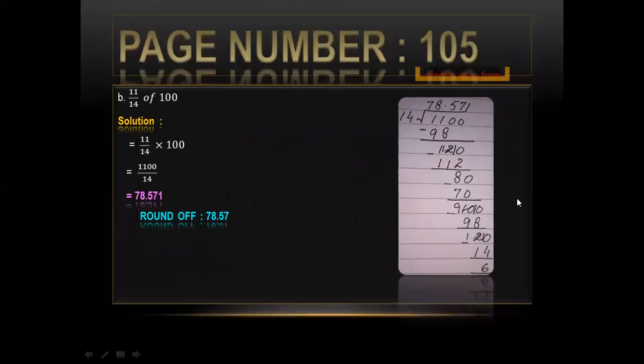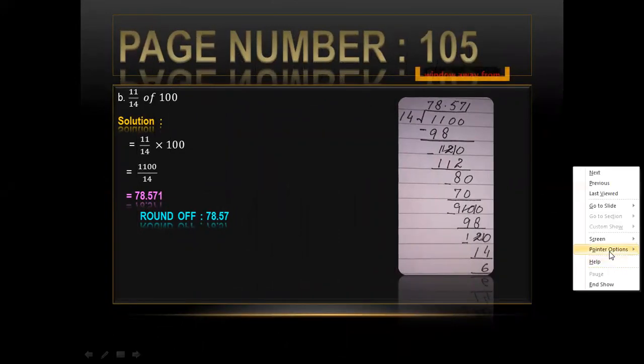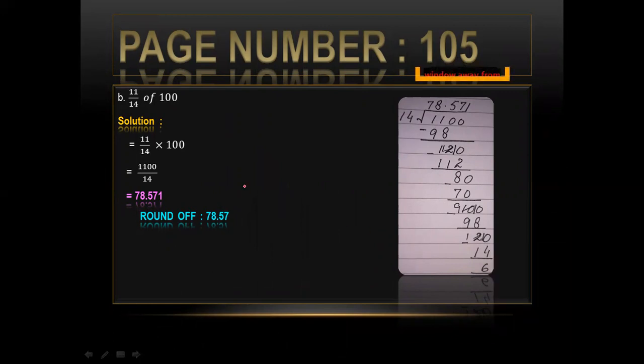Part B is 11 over 14 of 100. Again, instead of of, you write the multiplication sign. We multiply 100 and 11. 1100 over 14. There is no change in the denominator. Now we divide 1100 by 14. I did all the rough work for you, and the quotient becomes 78.571.